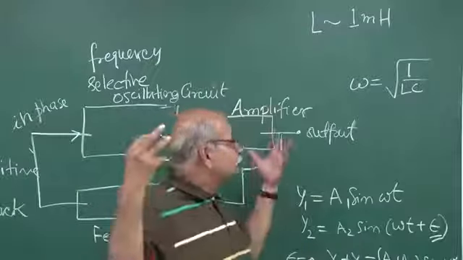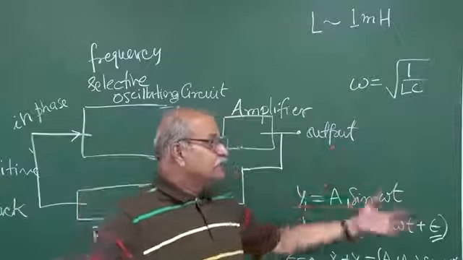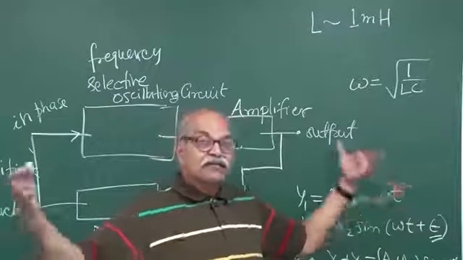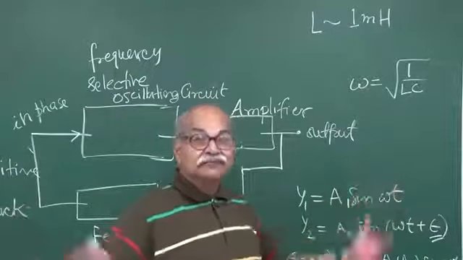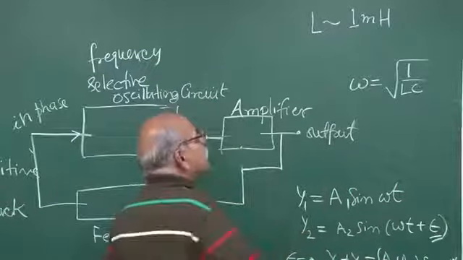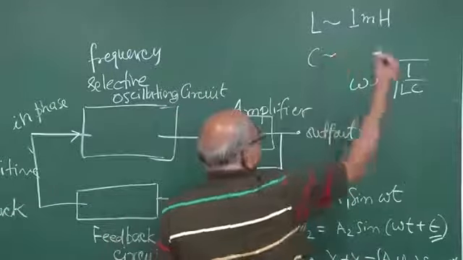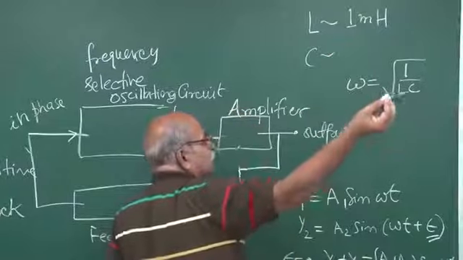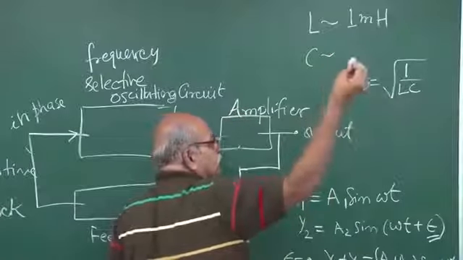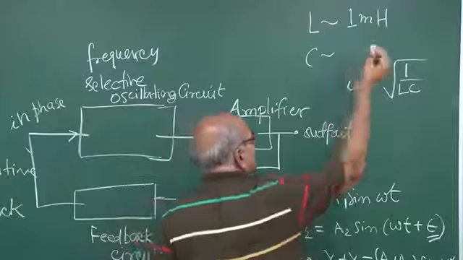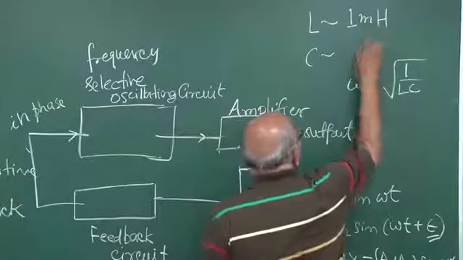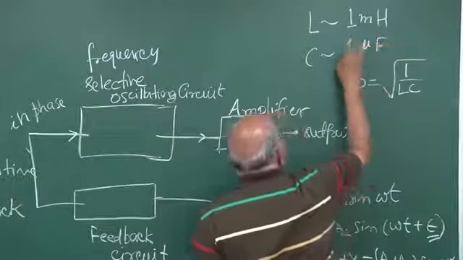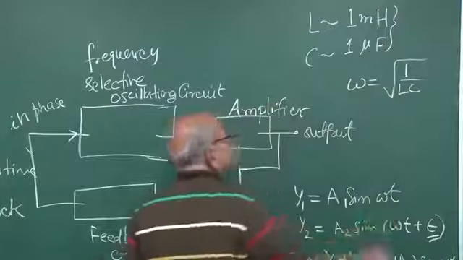You don't have inductors in henries. If you want to make inductors in henry, it will be very bulky. And similarly, the capacitance is typically in microfarads, 100 microfarad, 10 or 22 microfarads, like that. So let's say start with 1 microfarad.